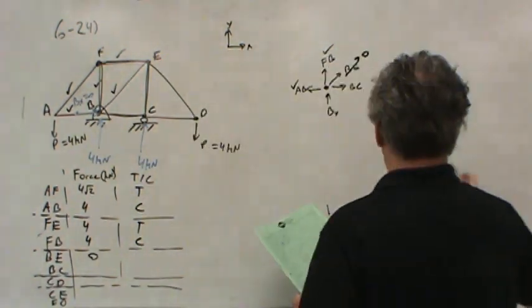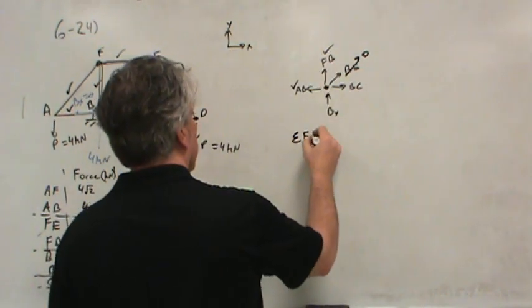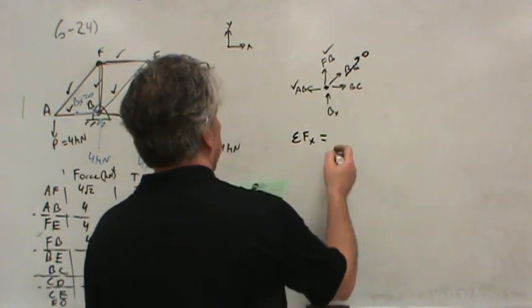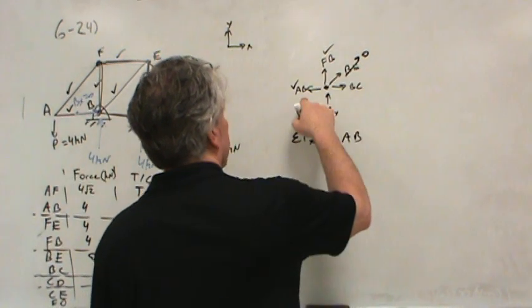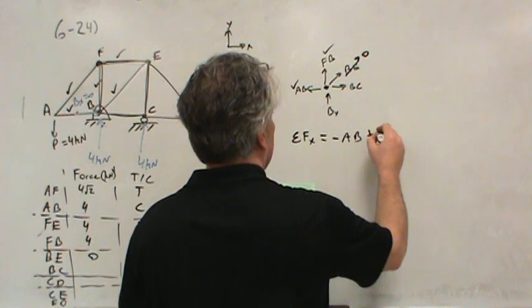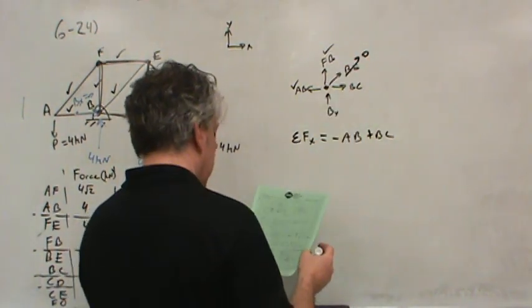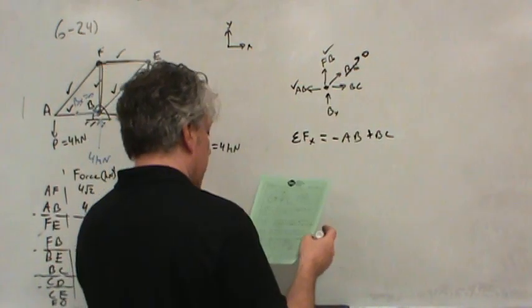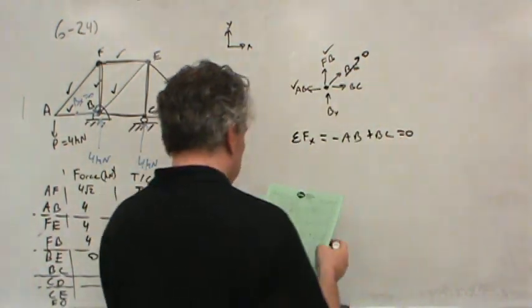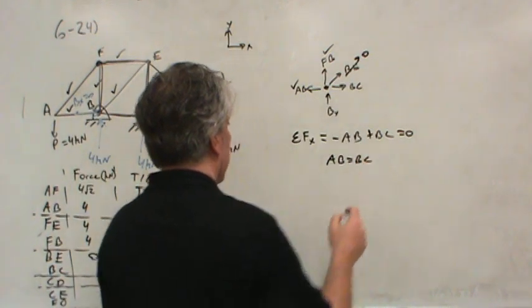How about summing forces in the horizontal direction? Well, sum forces in the horizontal direction, what do we have? Negative AB, that takes care of that one, plus BC. And BE doesn't contribute anything, neither does BY or FB. So this comes out to 0. Basically what this says is AB equals BC.